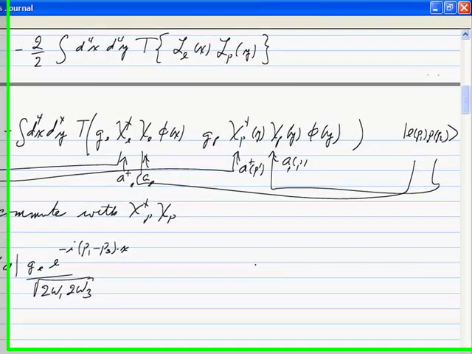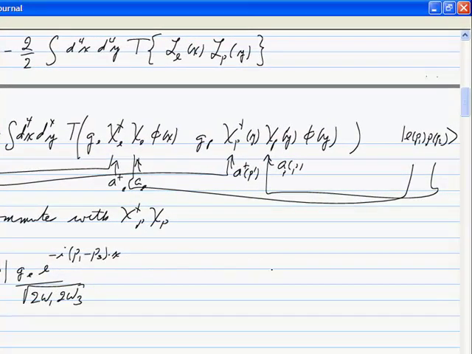Sitting over somewhere else over here, there's another number where these are just numbers now. g proton e to the minus i (p2 minus p4) dot y, and I've removed all the creation operators there.